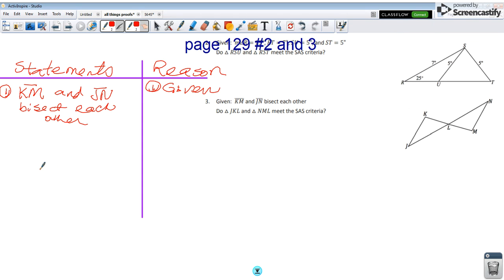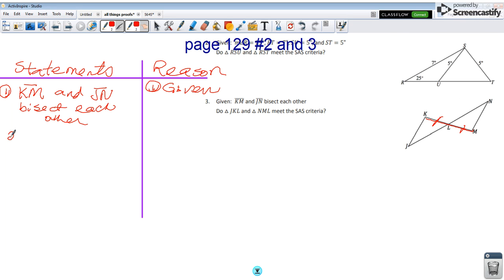Now, based on the definition of bisecting, what happens when you bisect? Cut it in half. So here is KM, and it is being cut in half, which means that this little segment will be equal to this little segment.